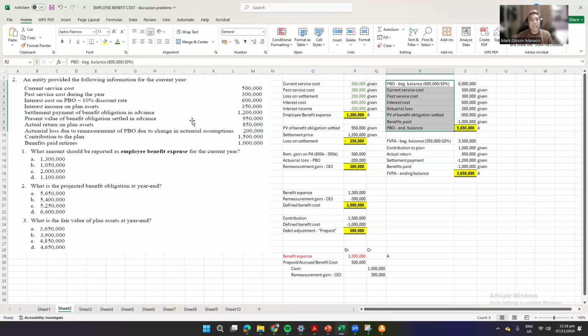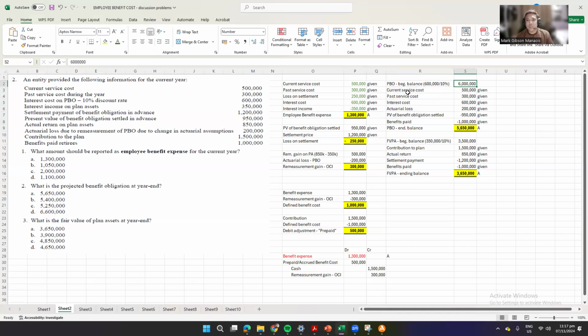No? So in this case, class, given yung interest expense, our interest expense is 600,000. Paano nga natin na-compute yung 600,000? So that's your PBO beginning multiplied by the discount rate. No? So in this case, we have to work back. So 600,000 interest expense divided by 10% so that we can compute for the beginning balance of your PBO. Okay, so that's 6 million.